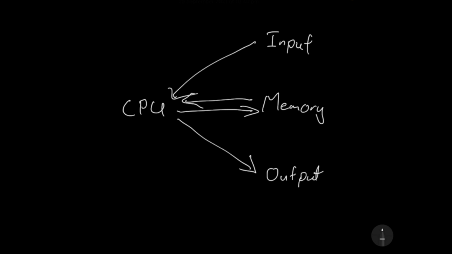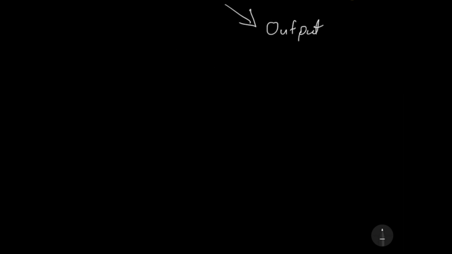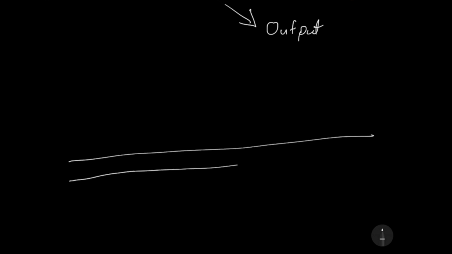So if we just have a look at the memory aspect of a computer, the way I like to think of it and find it a bit easier is if we imagine a street, and along that street we have a whole bunch of houses.